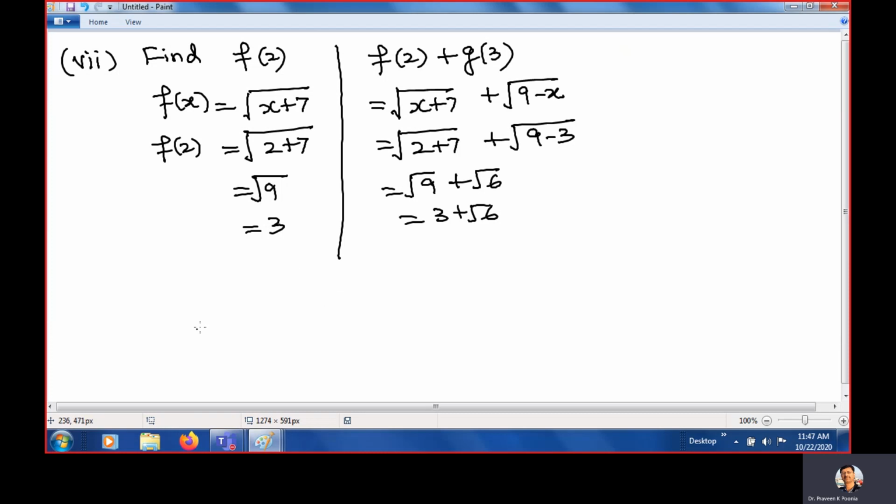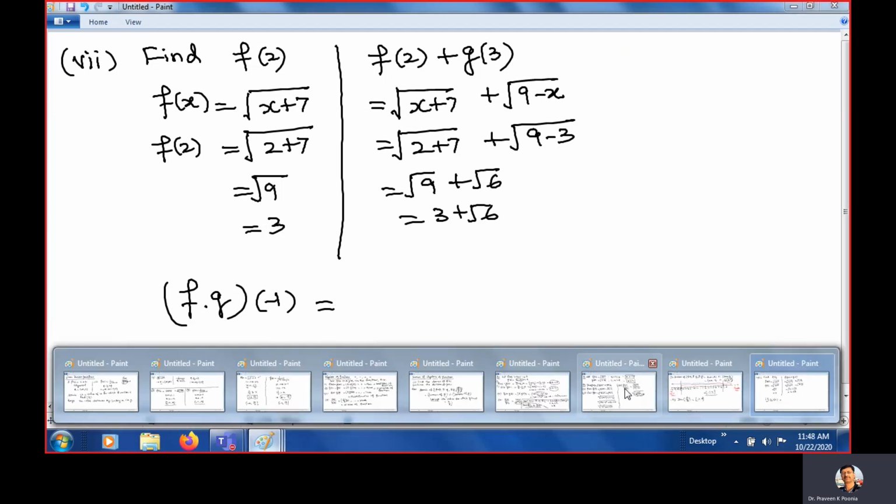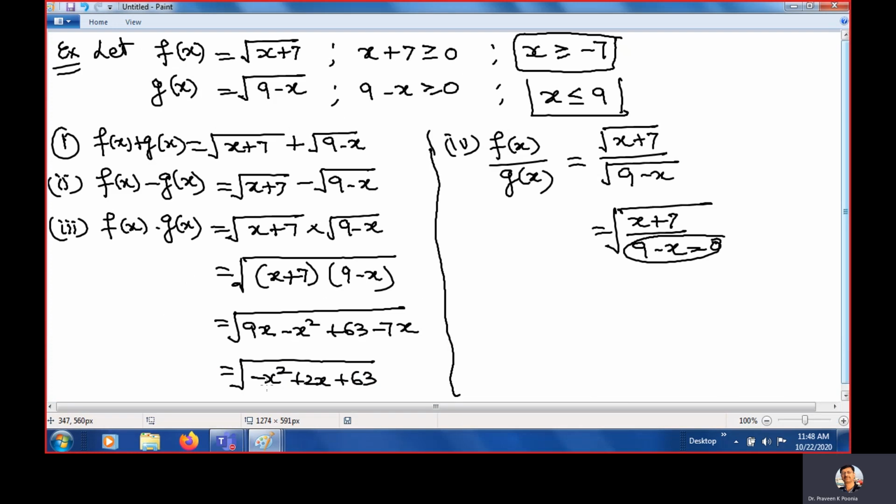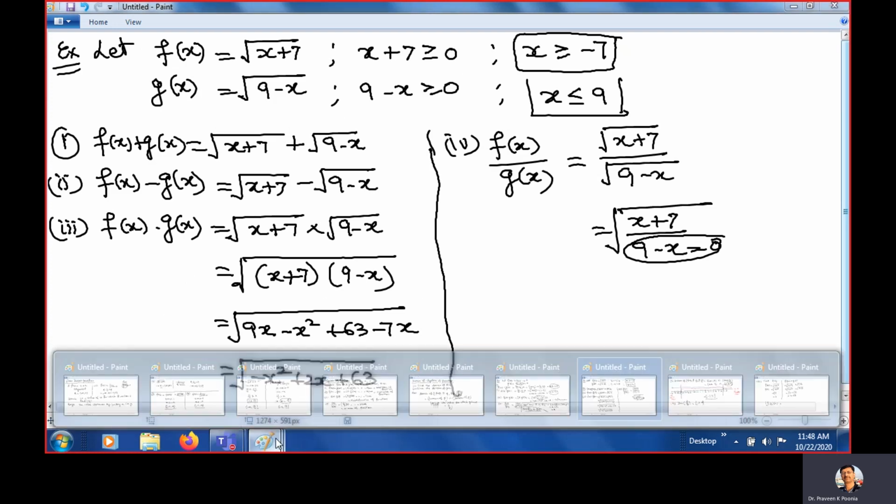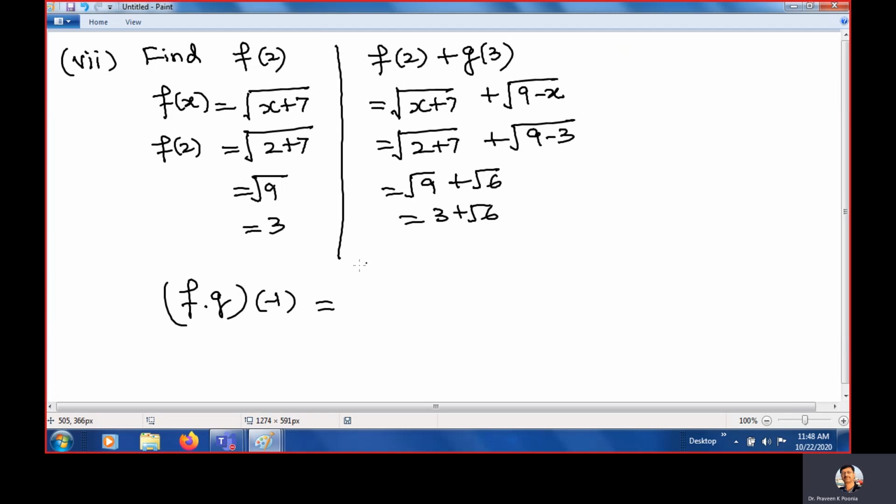Clear? But sometimes what do they need? Sometimes they need, like, calculate the value of f into g at minus 1. So we will check from the slide what is the value of f into g. It is minus x square plus 2x plus 63.